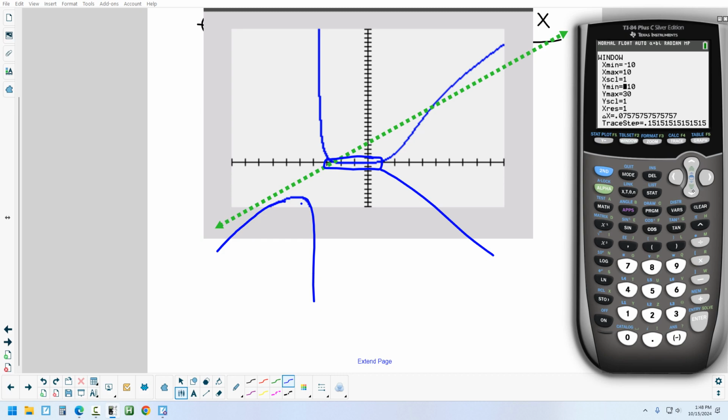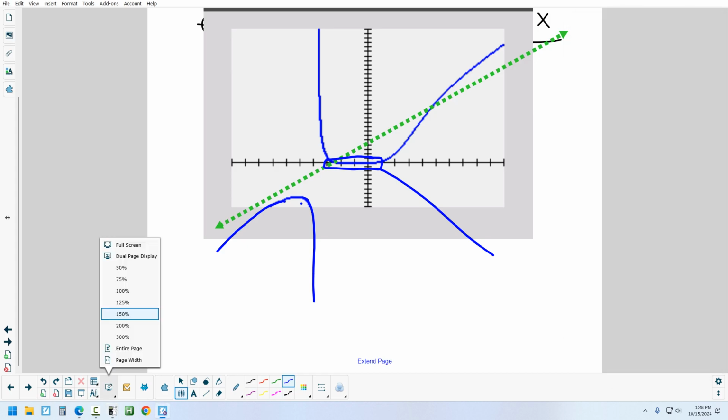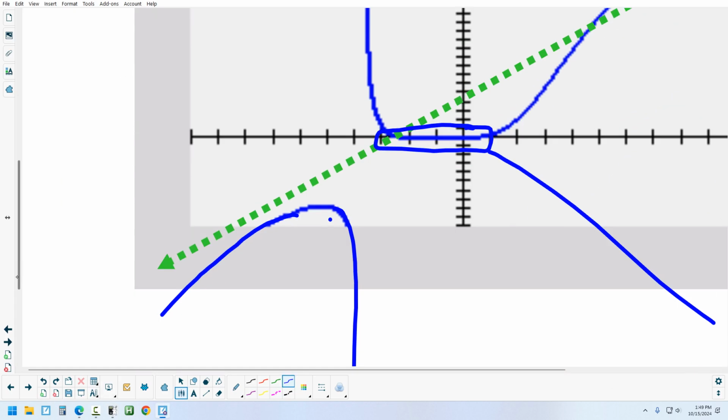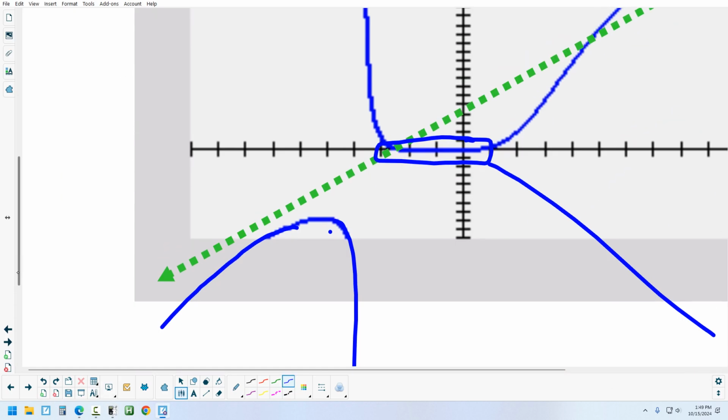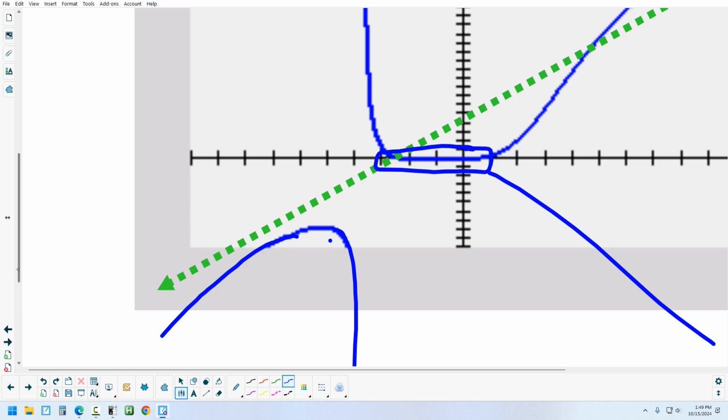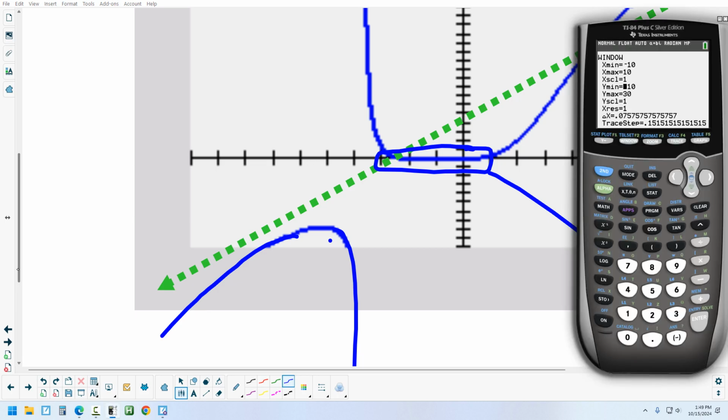Well, where does it look like my box crosses the y-axis? 1. Yes, 1. I made it a little lower than I needed to, but 1 to -1 I think would be okay. So let's do -1 to 1 and zoom in on that blue box.